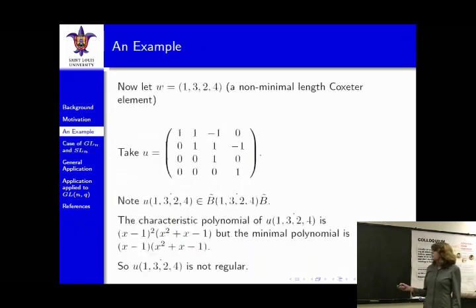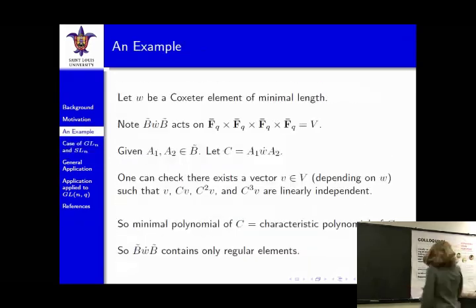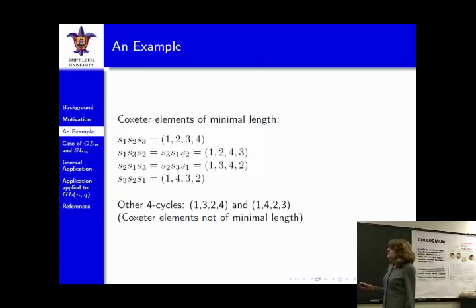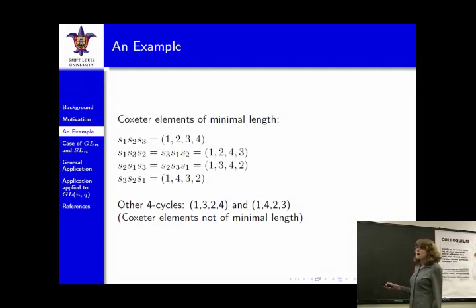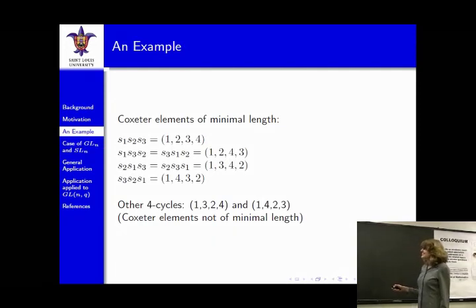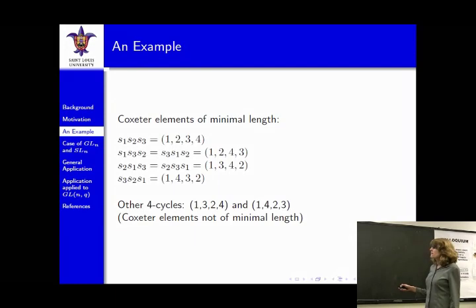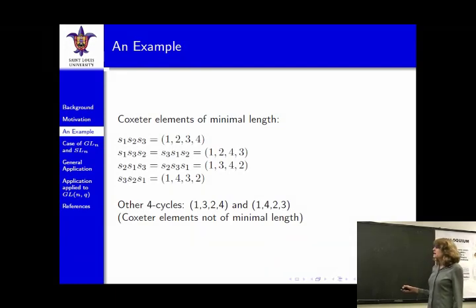In fact, let's go back. This one's of that form. I took 1 and moved it to the back. This one's of that form. I took 3 and moved it to the back. This one's of that form. I took 2 and moved it to the back. And this one is the inverse of that one.